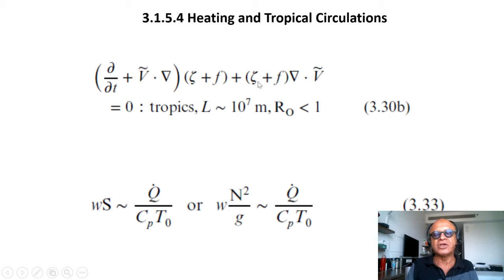Whereas in the extratropics and smaller scale systems in the tropics, we had this term drop off, and the balance was very different, just in terms of moving the vortex tubes and generating geostrophic adjustments and so on.